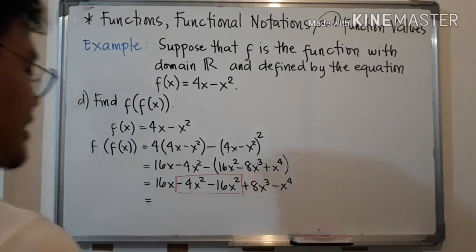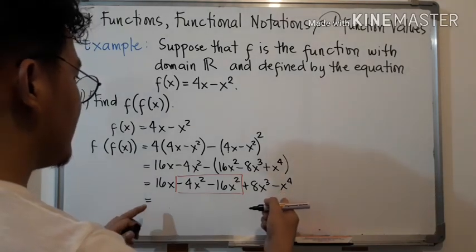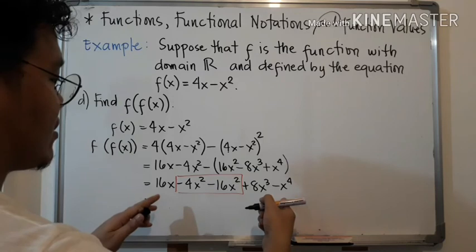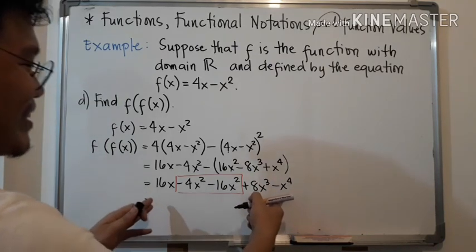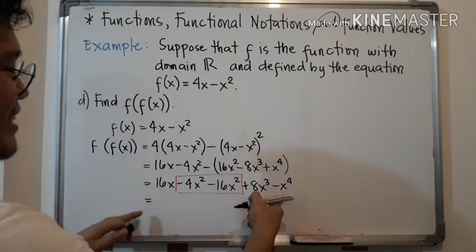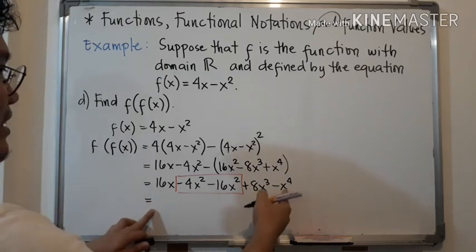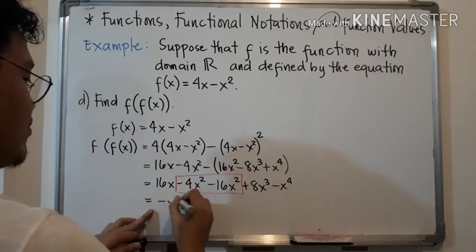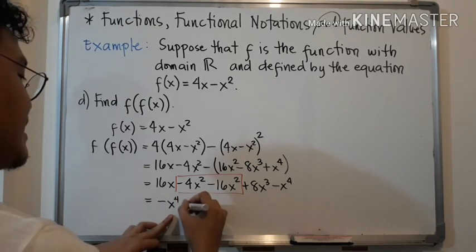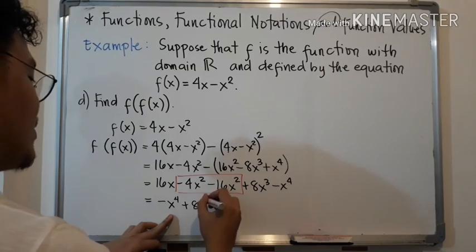And it's a rule in mathematics that the leading term of the expression is the term with the highest exponent. So this one is our leading term, minus x to the power of 4, followed by this, plus 8x to the power of 3.